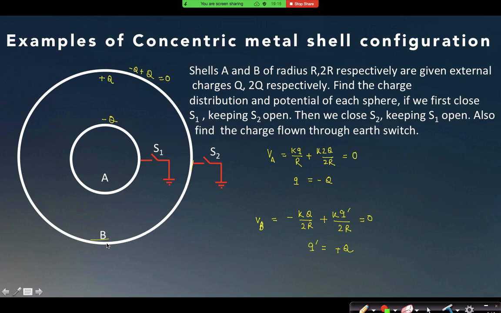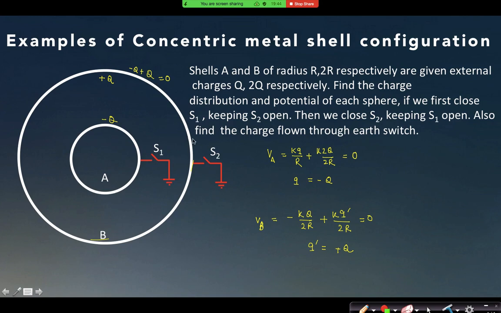Can you understand this part? Sir, please repeat the statement. Yes, for the outer shell B, if I earth that outer shell, the extreme shell I am talking about, then the outer surface of the extreme shell will always carry 0 charge, because the potential of the extreme shell only depends on the charge on its outer surface.